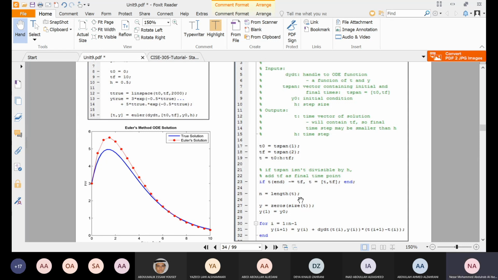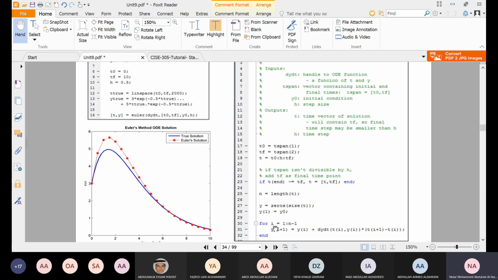After that, this is the length n, based on the length of t. This is the initial value of y, zeros. We start with y equals zeros, using the same size as t. After that, we define the first iteration, y(1).